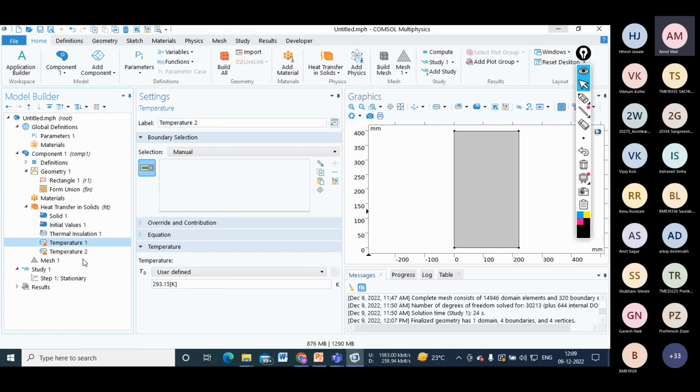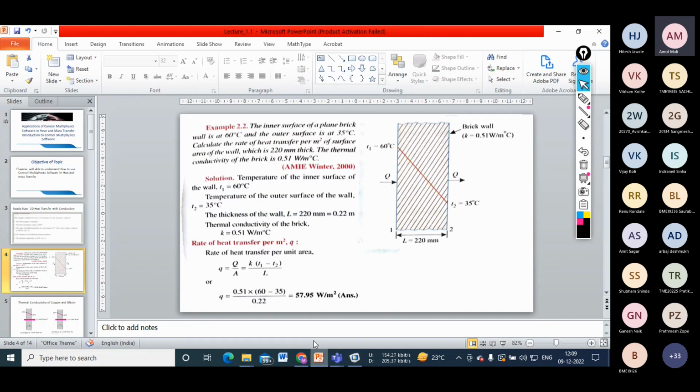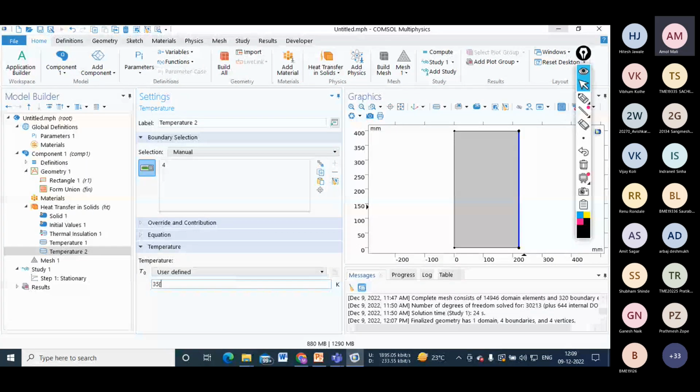ठीक है, पहला टेम्परेचर, first temperature I will select this, and temperature we know 60 डिग्री. तो स्क्वायर ब्रैकेट DEGC. Then next to that second side यहाँ पर सिलेक्ट किया. How much is the temperature at second side? 30 है ना, 35 DEGC.